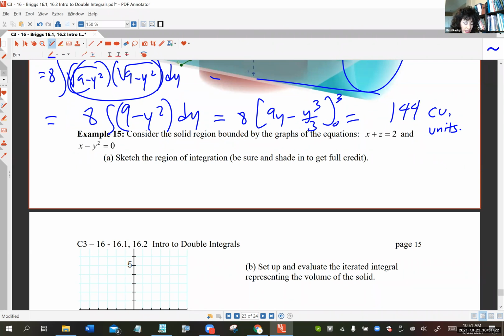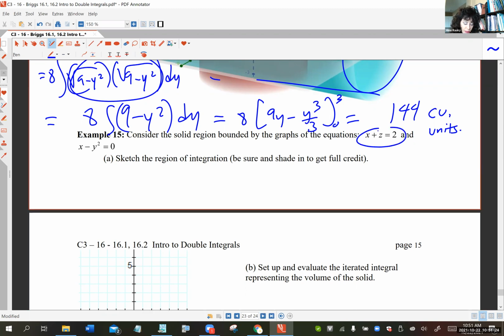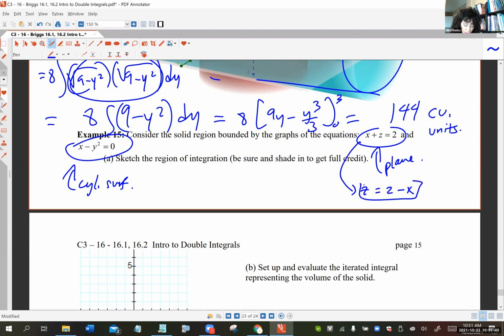So this solid is bounded by the graph of x plus z equals 2, and that's basically a plane. And then x equals y squared, which is a cylindrical surface. Okay, well, what the heck is that going to look like? Well, the capping surface is going to be, after I solve for z, z equals 2 minus x. That's the capping surface. Well, how do I know that?